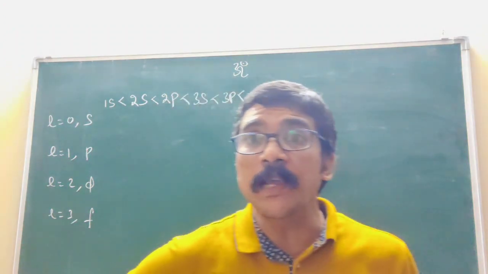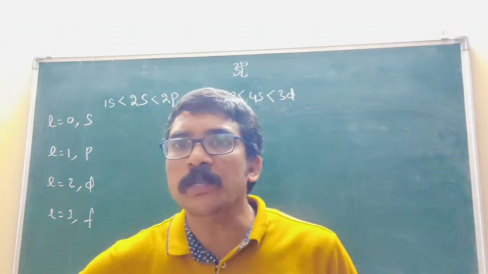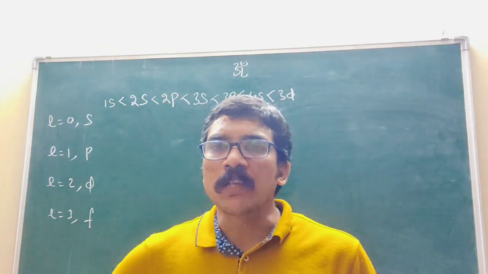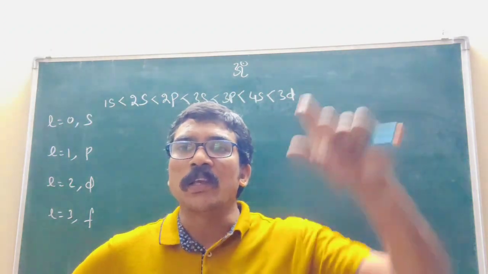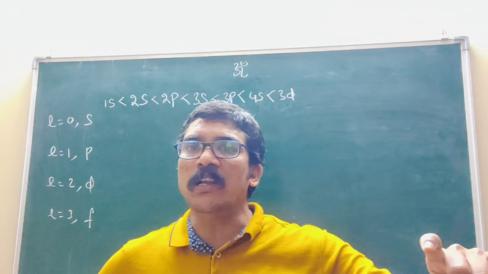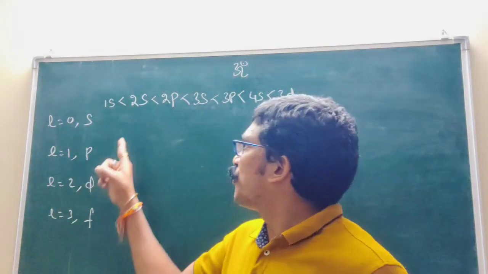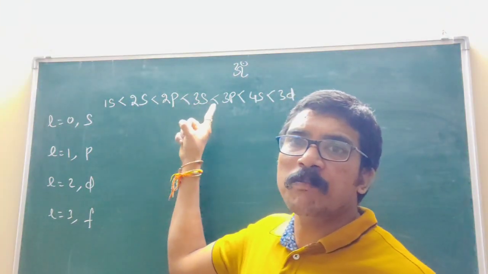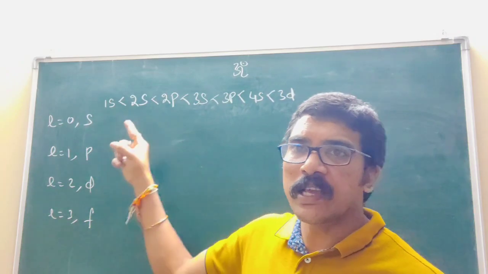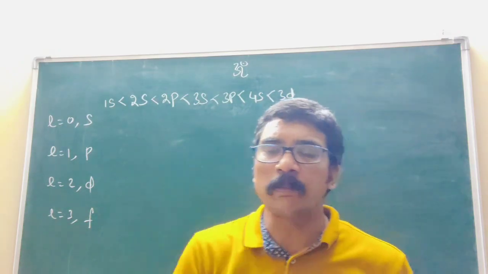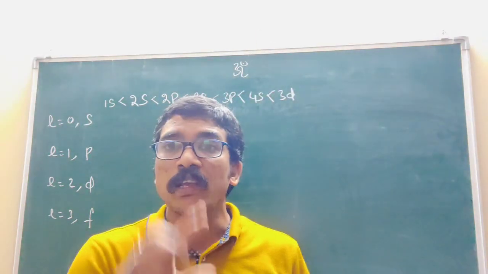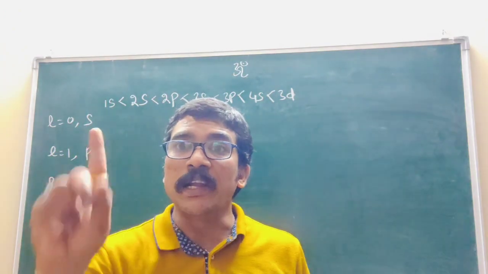And for the next element, yttrium, there is no exception. Have you clearly observed? In the 1A group there is no exceptional electron configuration. As expected from the Aufbau diagram and the n plus l rule, all the elements in 1A, 2A, and in 3B scandium and yttrium follow it.